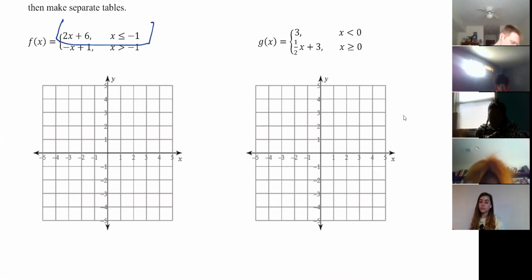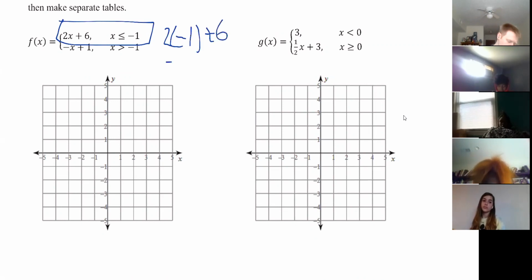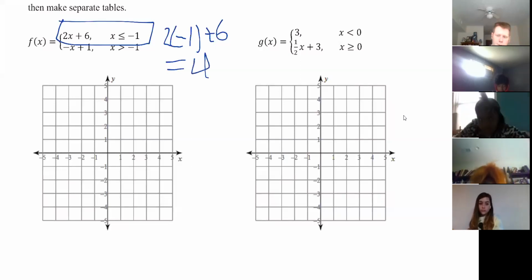To graph this first function, the first thing you need to do is plug in -1 into your function. So if you do that, it's going to be 4. So basically our first point on this top function is going to be at (-1, 4).